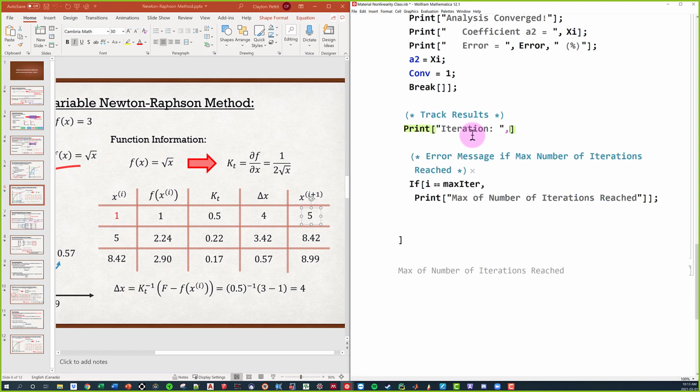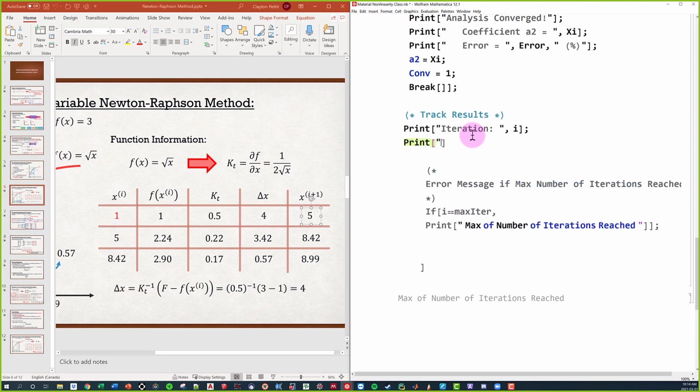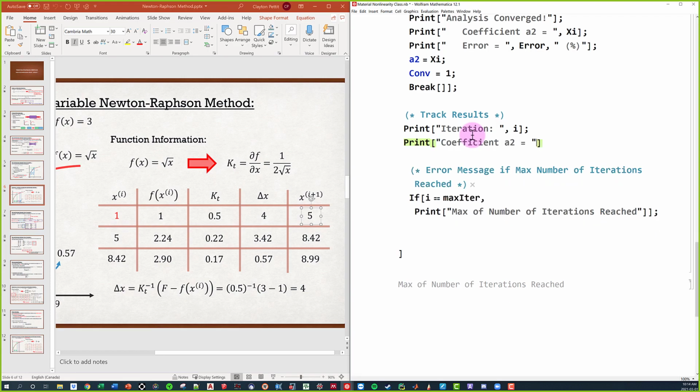So iteration, well, we know that we will always be on our I iteration. Next, I want to put our current value of A2. So I'm going to say coefficient A2 is equal to, and we said that A2 is actually just going to be equal to xi for all of these iterations. And it stops when xi converged on that point.